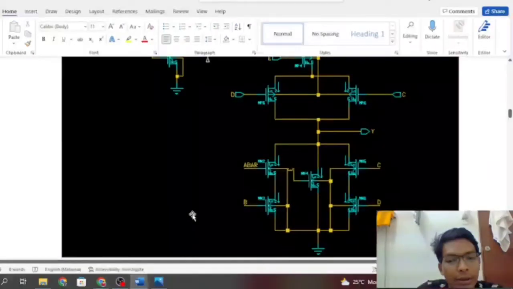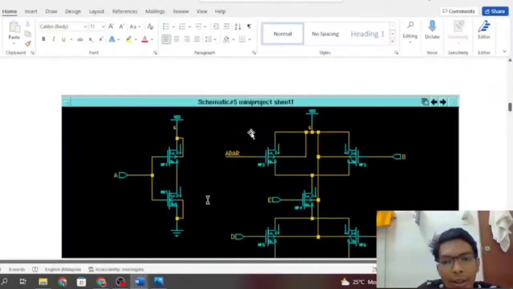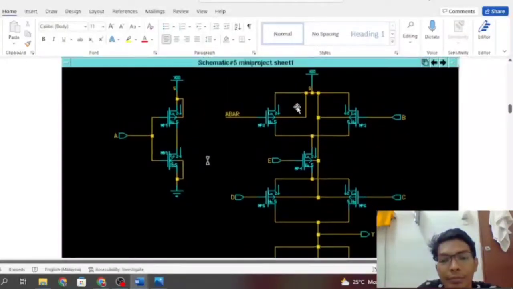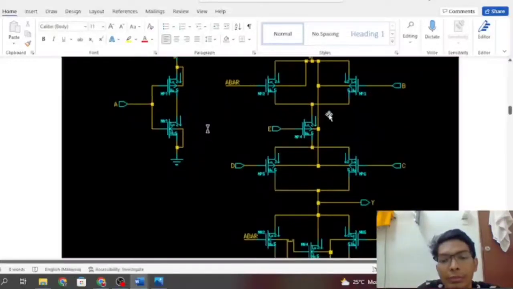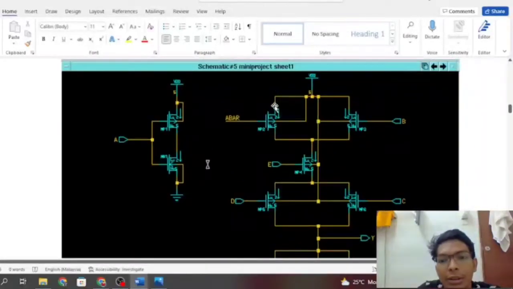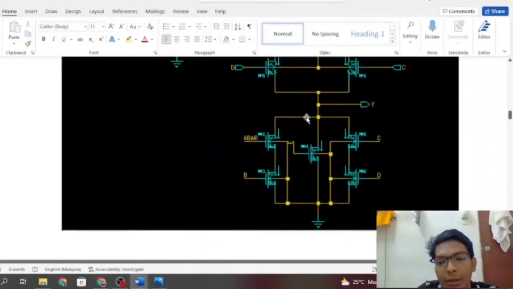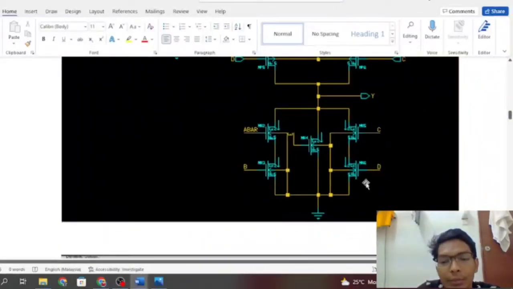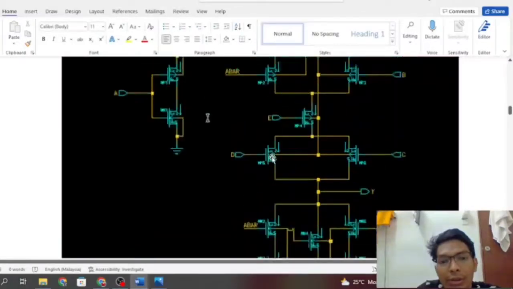For the schematic design, this is our circuit. This is a pull-up network, and this is the pull-down network.